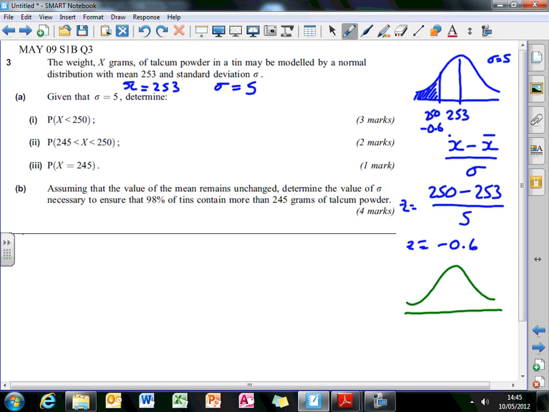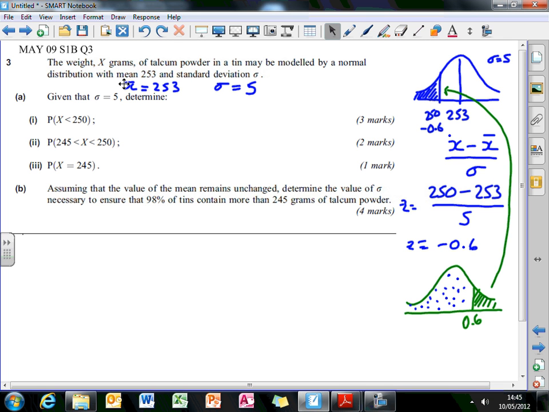So if this is 0.6, then this corresponds to exactly the same area as I require up here. So I can look 0.6 up in my tables, but the problem is that the tables actually give you the probability it's less than. So the tables are going to give me that probability there.